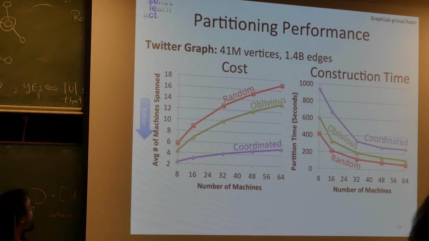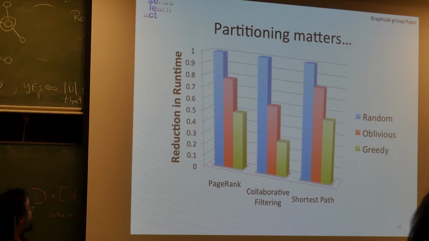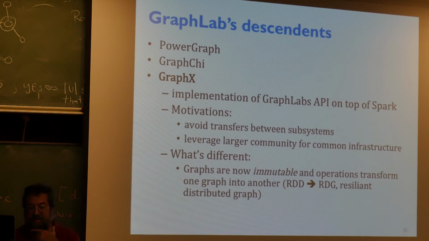So that's a compromise between these two, and what you'd expect. The greedy algorithm, which looks at everything, is the slowest to build the graphs, but actually gives you the best partitions, and it's fastest in terms of the runtime. But you also get reasonably good speed-ups over random by doing these simple, cheap heuristics. So that is PowerGraph.